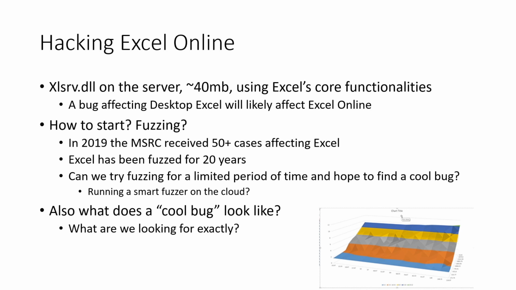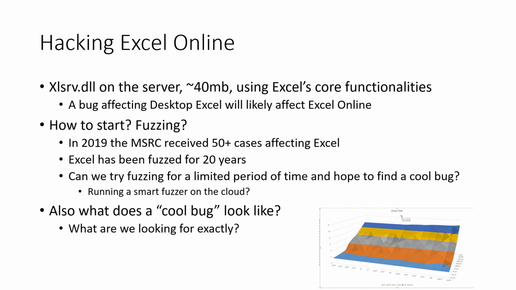So now we are in 2018, and the question is, how do we find a bug in Excel Online? Excel has been fuzzed for over 20 years, by finders, externals, and also by the product team. Would it make sense for me to start running a fuzzer, maybe in the cloud?